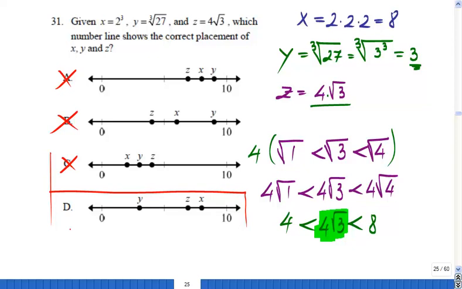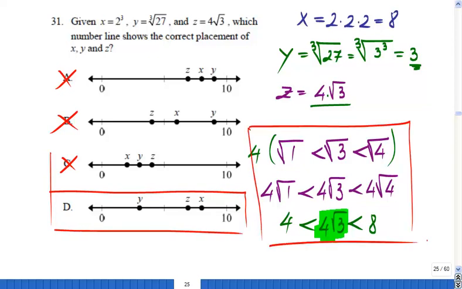And I should have been able to answer this one before I did everything in here, while I was carried away by my teaching enthusiasm. Obviously, you guys should have been able to answer this question just by finding what is x and what is y. And now I know that this D here is the right answer.